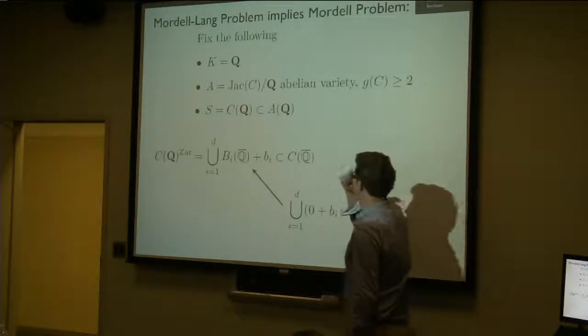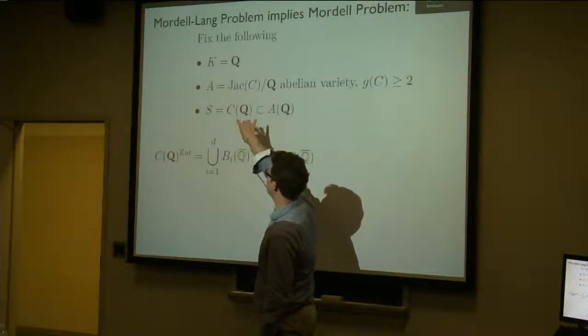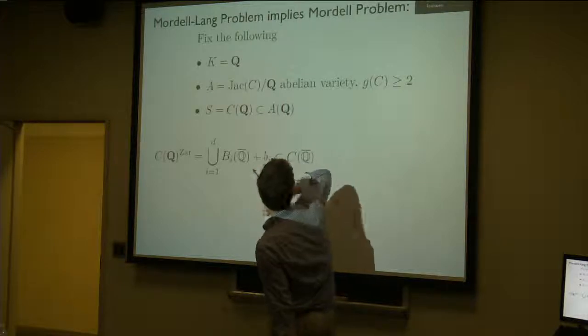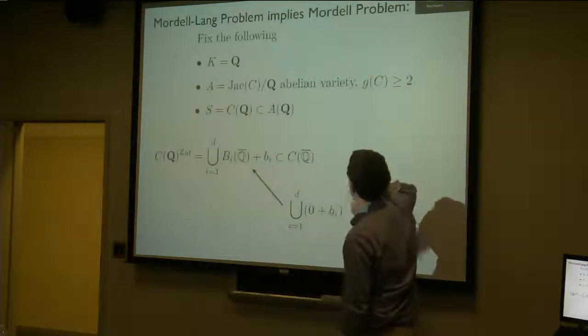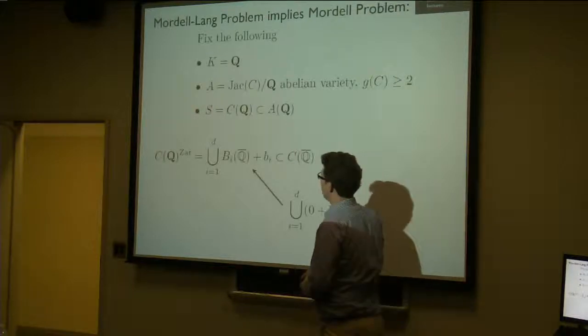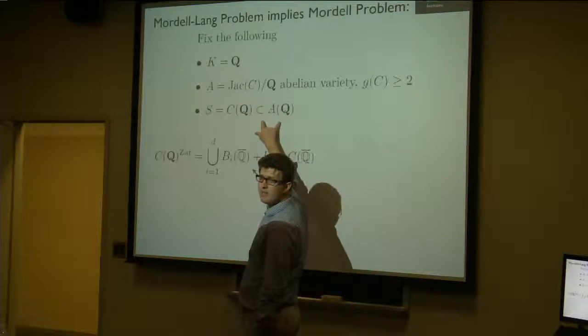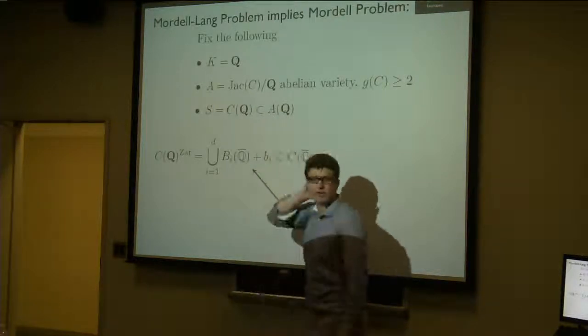Okay, so here are the choices that I make. I'm going to take K to be Q. I'm going to take A to be the Jacobian of a curve, and I'm going to take the genus of the curve to be bigger than or equal to 2. All right? So then S, I'm going to take to be the set of C(Q) points, and it's contained in this finitely generated group by Mordell-Weil.